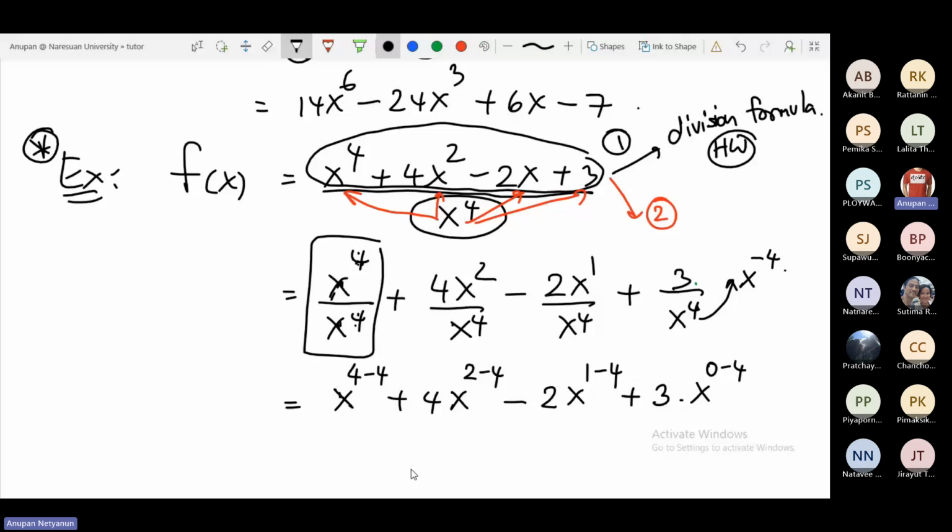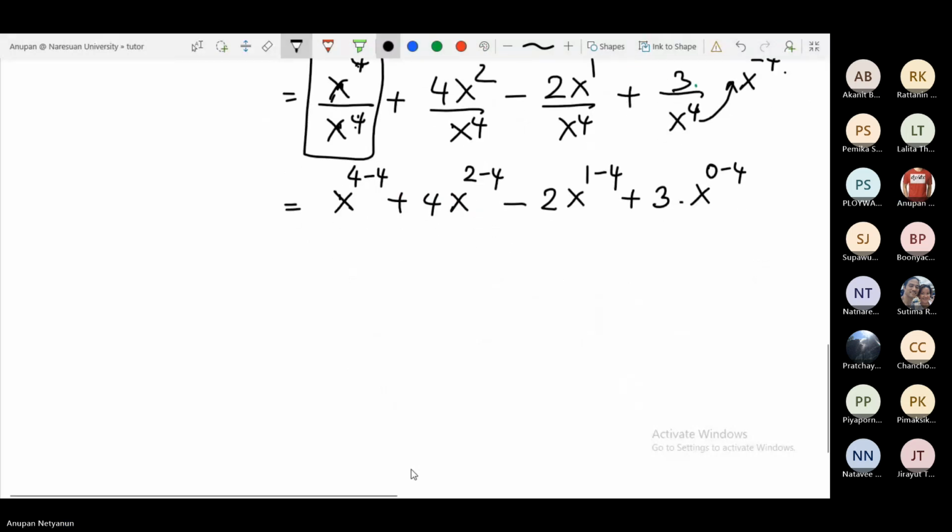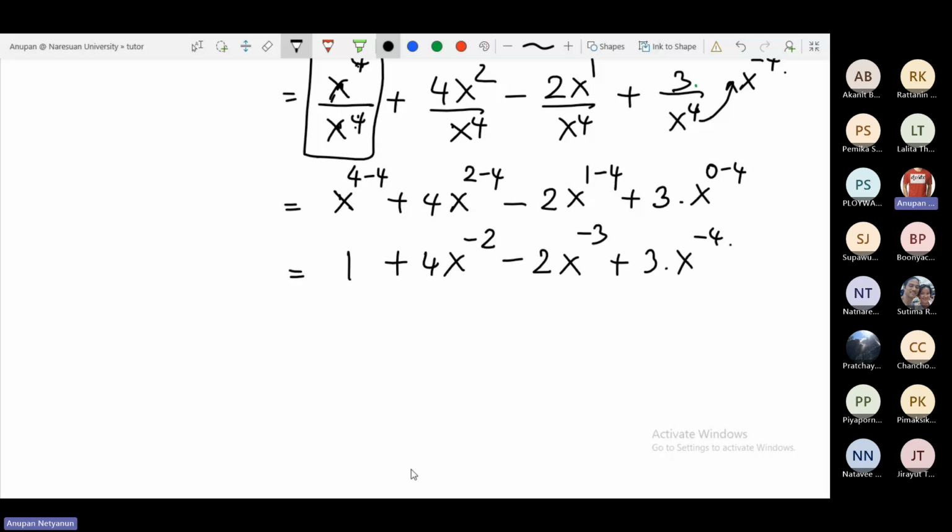Same result here, right? So then you have x to the power 0, which is 1, plus 4 times x to the negative 2, minus 2 times x to the negative 3, plus 3 times x to the negative 4. And this is your f(x).